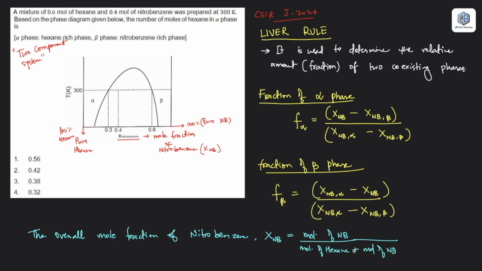That's how you calculate the mole fraction, number of moles divided by total moles. The number of moles of nitrobenzene is 0.4, so I'm going to write 0.4 divided by 0.6 moles of hexane plus 0.4 moles of nitrobenzene.